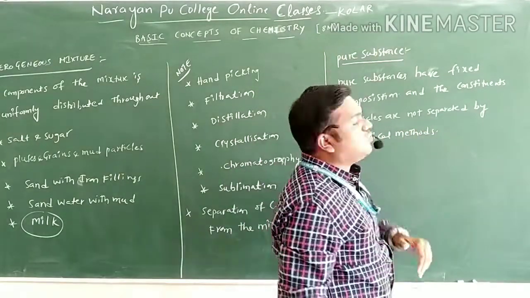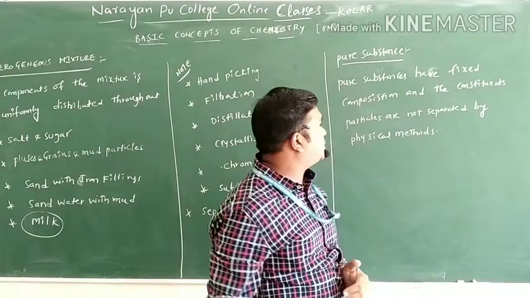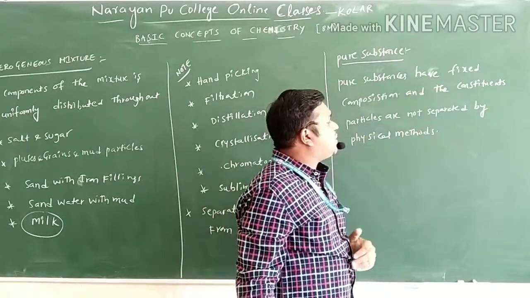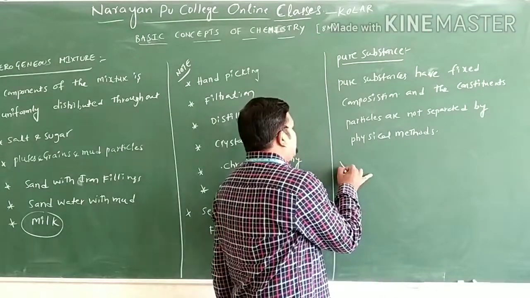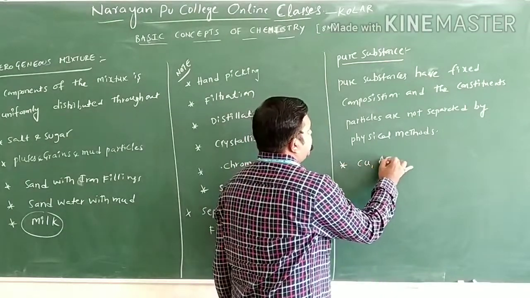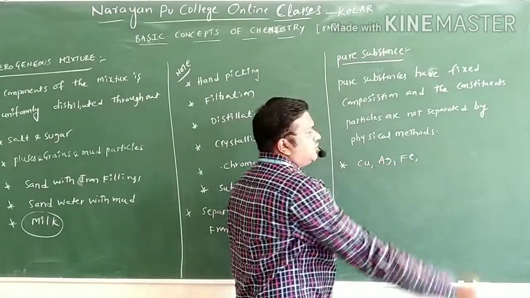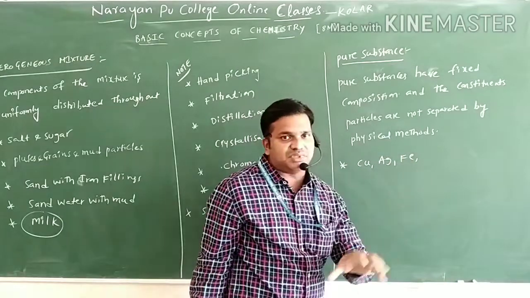Okay, pure substances have one composition, a fixed composition, and the constituent particles are not separated by physical methods only. Clear? So if you want to take copper you can take, silver you can take, iron you can take. These are the pure substances only.